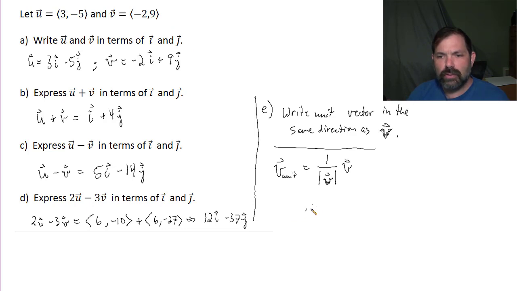I think we've used this vector before. So that would be 1 over the square root of 53 times the v vector, which is negative 2, 9. And so then that would be the vector negative 2 over root 53, comma, 9 over root 53.